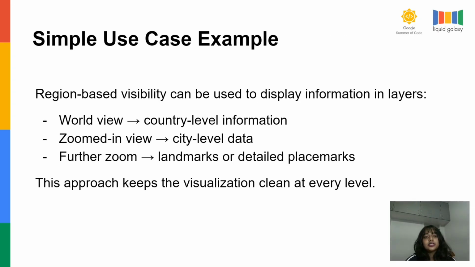Simple use case example. Let's look at a simple and intuitive use case. Region based visibility can be used to display information in layers: world level data, city level data, and landmark level data.